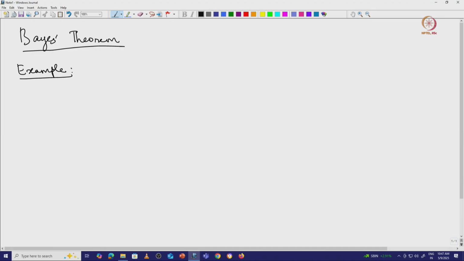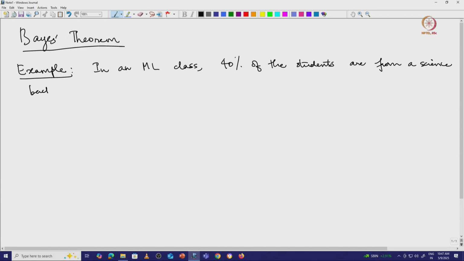In this example, in an ML class, 40% of the students are from a science background, and the remaining from engineering.